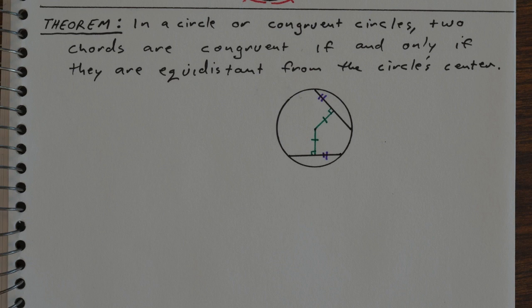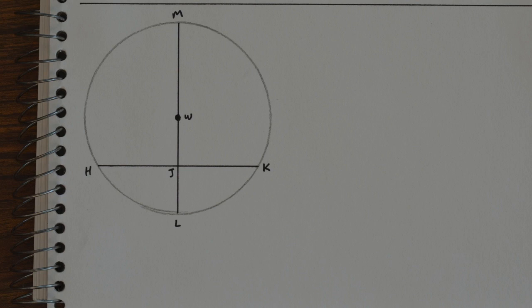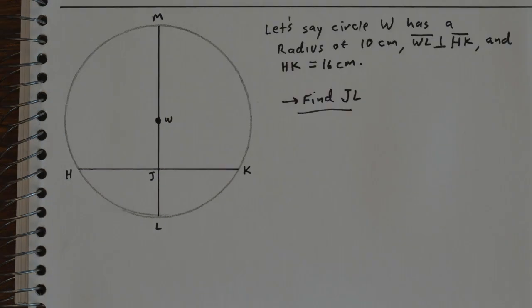Let's work an example problem now. Take a minute and sketch this into your notes. Label the points accordingly. Let's say that circle W has a radius of 10, WL is perpendicular to HK, and HK is 16 centimeters long. Find JL.